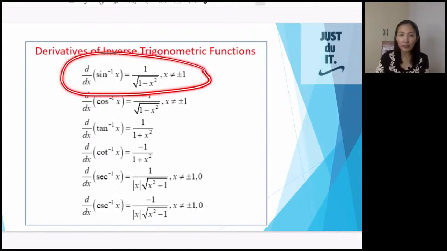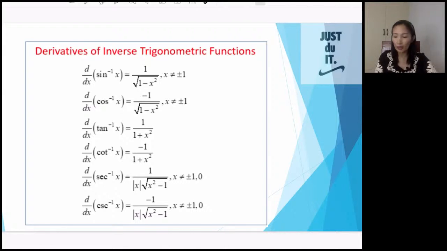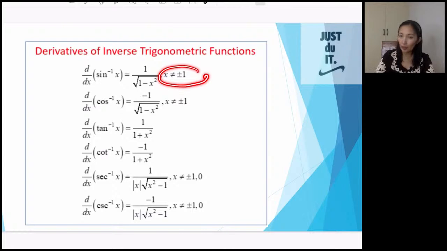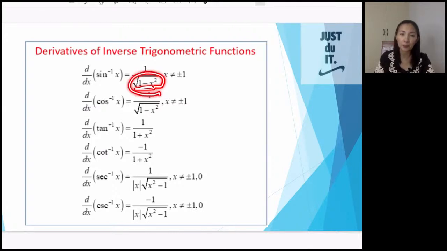The derivative of arcsine of x is equal to 1 over the square root of 1 minus x squared, such that x should not be equal to positive or negative 1. Why? Take note that in the denominator, we have 1 minus x squared. If x is 1 or negative 1, what happens to the denominator? It becomes 0. So that is not possible.